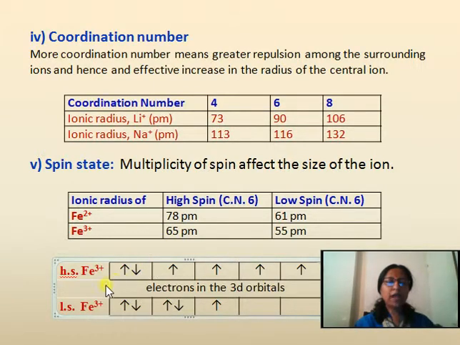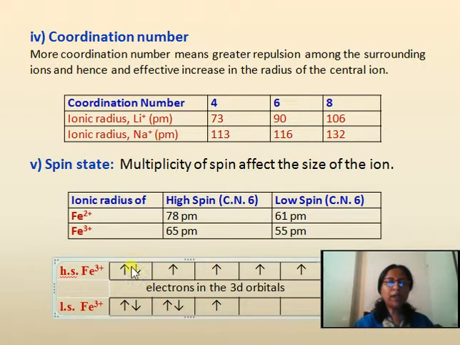So what is high spin and low spin? You can see the electronic arrangement. The maximum number of electrons are unpaired in case of high spin state, and in low spin state, the pairing up of the electrons takes place. So we can say, if we go from high spin to low spin state for any species, the ionic radii value will decrease.